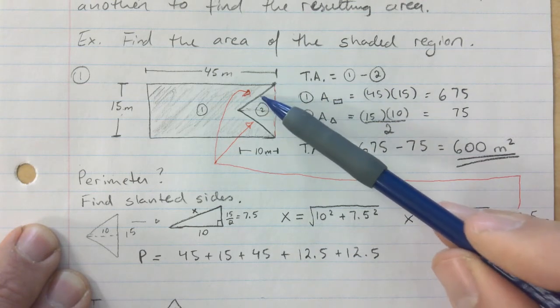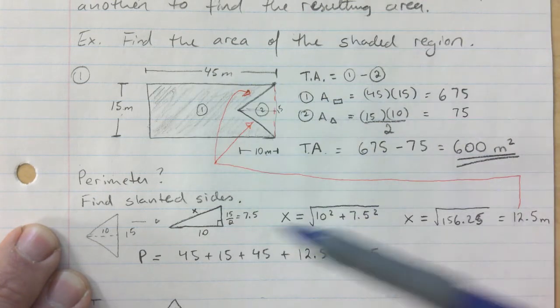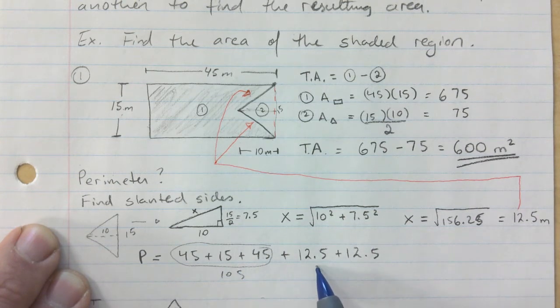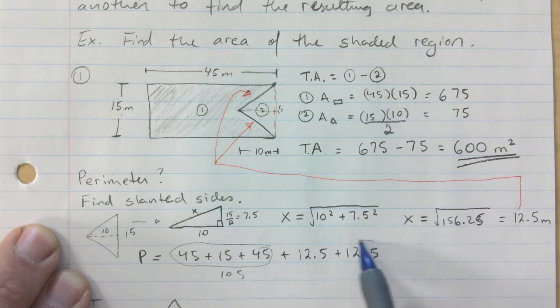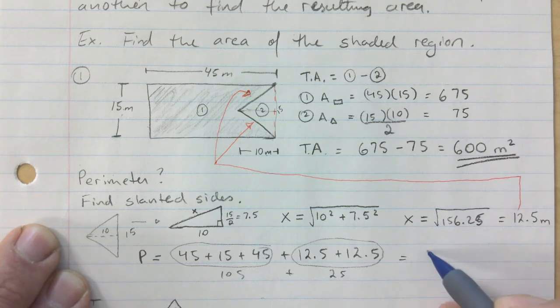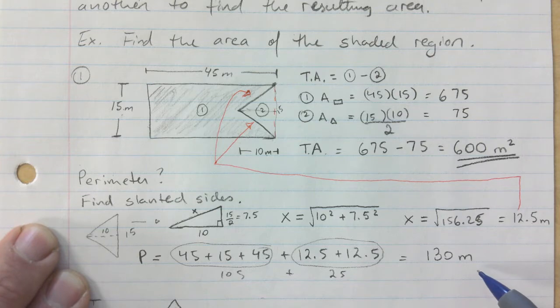Count 1, 2, 3, 4, 5 sides. Doing some mental math here: 45 and 45 is 90 plus 15 is 105. 12 and a half and 12 and a half is 25. So that gives us 130. And that's just meters, okay?